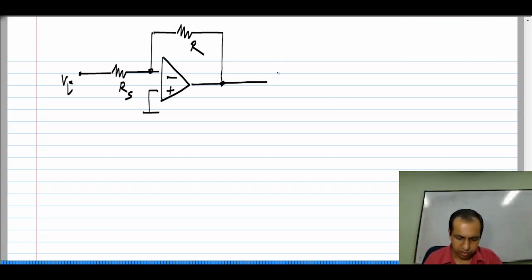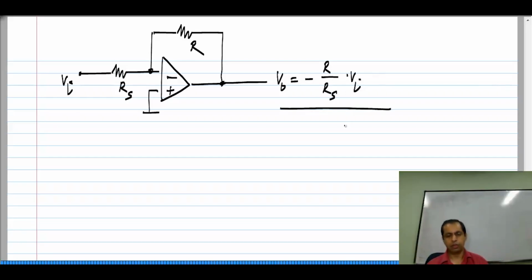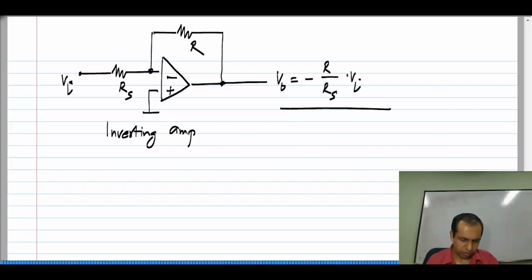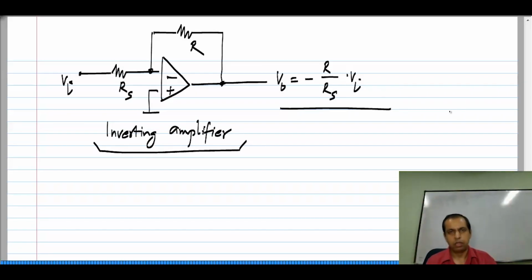If this is Vi, the output voltage will be minus R by Rs times Vi. Okay. And it is called inverting obviously because the gain is negative.